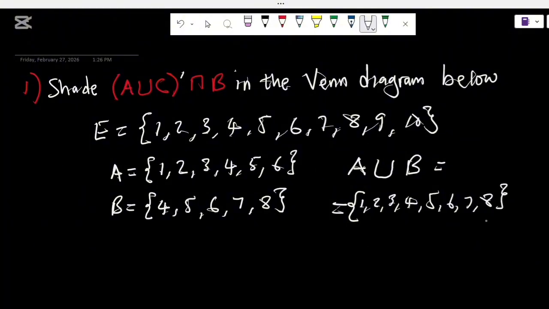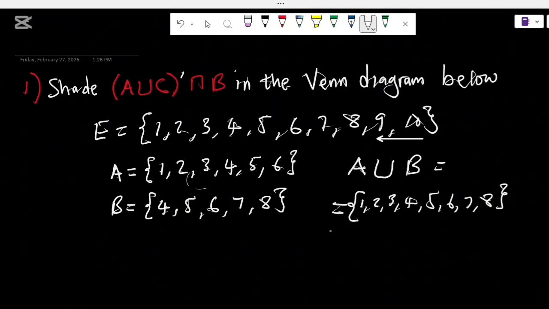Right? So this is A union B. You're not going to include 9 and 10 because these are not part of either set A or set B. So this is what we mean when we say union.